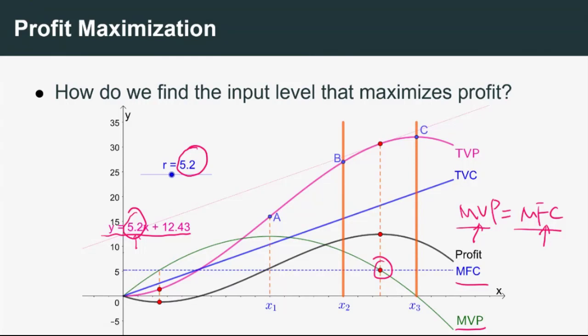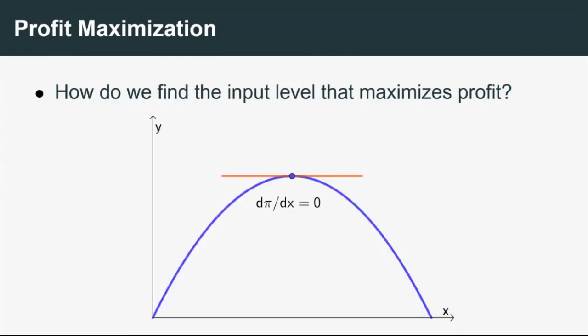So how does this relate to the conditions that we mentioned in the lab session? Remember, in the lab session, we said if we want to find the maximum or minimum point of a curve, the first thing is that we need to find the point on the curve where the first derivative is equal to 0.